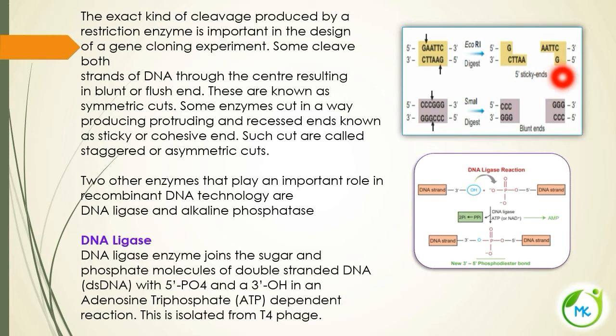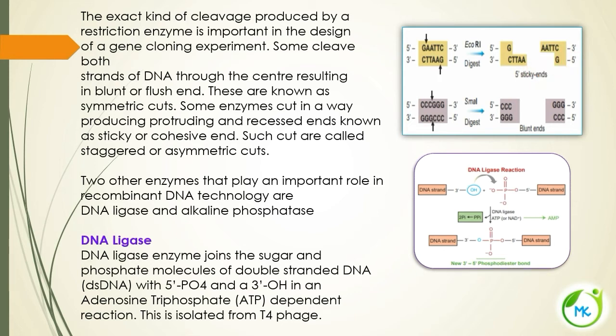This will be very important when we are fusing the DNA molecule. When we insert our gene of interest, it will be able to join very easily because it has sticky ends. It will be easily able to paste the DNA molecule.